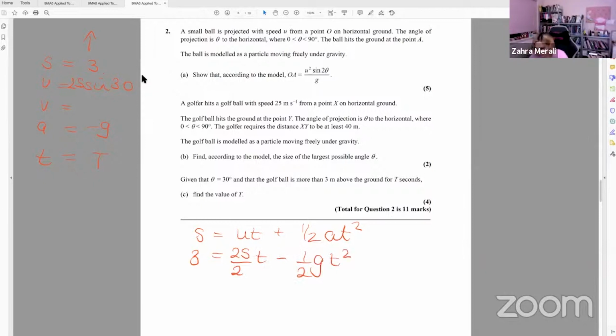Plug that into my calculator, and I find the values where it is more than 3 meters. Okay, so you get 2 values, 2.282 and 0.268. So when it's more than 3, it's between those 2 values. So we take them away from each other. So big T is 2.282 minus 0.268, which leaves you at 2.01.